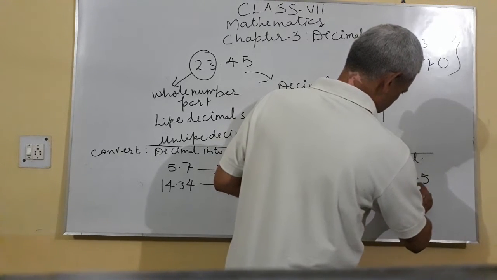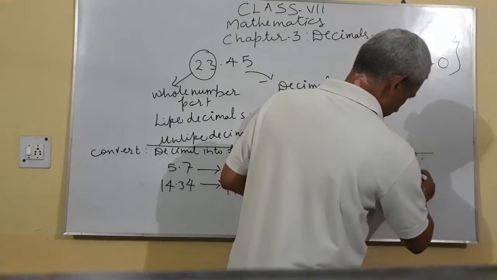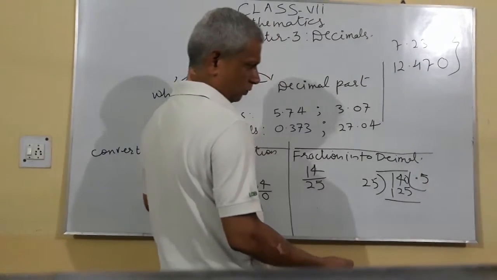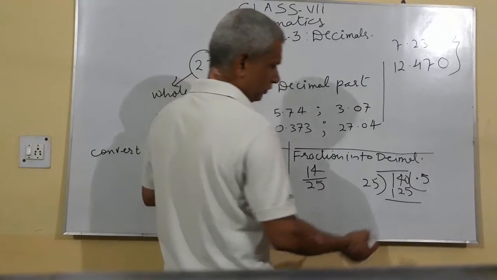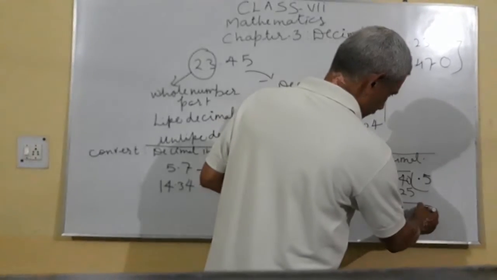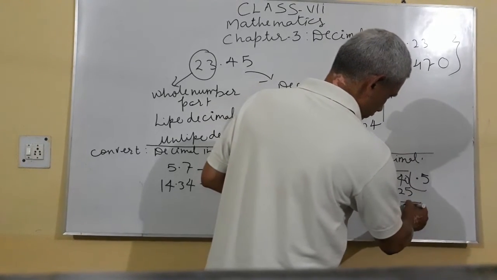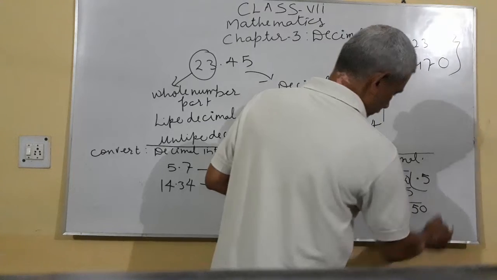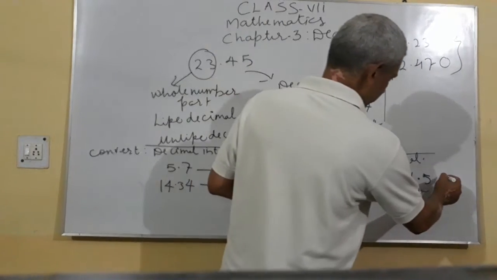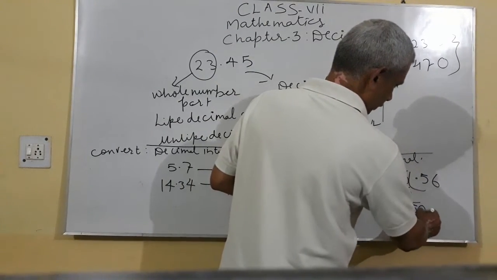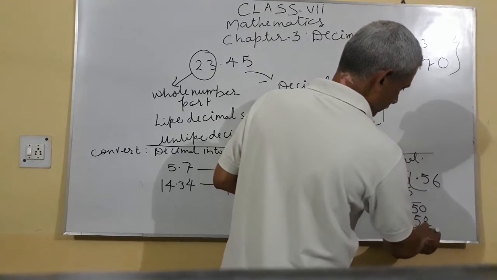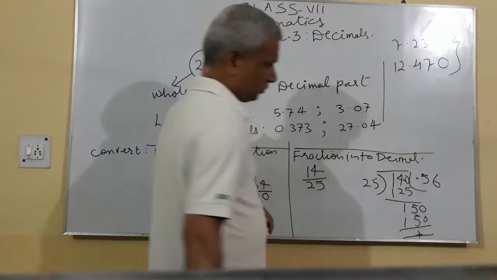five 5s are 25, 25... Now this process you keep on doing until you get the remainder 0. 10 minus 5 is 5, 3 minus 2 is 1. Bring down 0, and 25 times 6 is 150. Just see, we got 0 here.